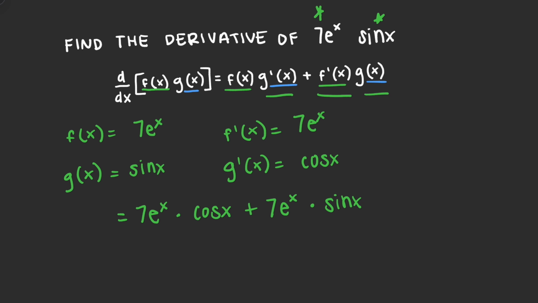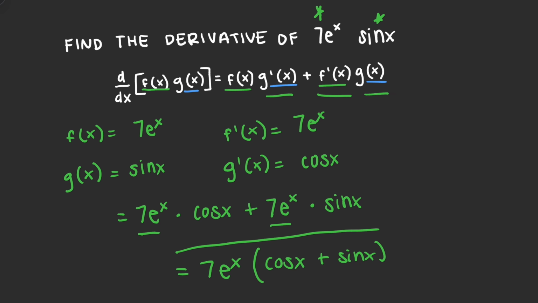And this answer would be right, but you could simplify further because you have these in common right here. So you can just pull that out: 7e^x times cosine x plus sine x. So either of these would be correct, but this one right here is the most simplified version.